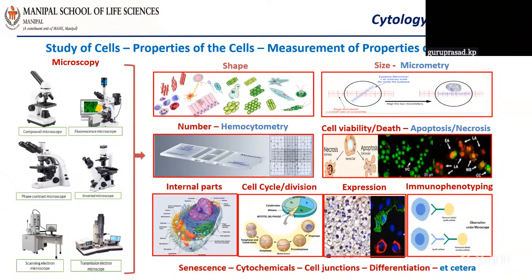But what is it that they are actually doing in the hospital? They are actually measuring one property of a cell. What is that one property that they are measuring? The number of cells. The example I have just given is the number of cells. They are looking at the number of neutrophils, basophils, eosinophils, and all these things.